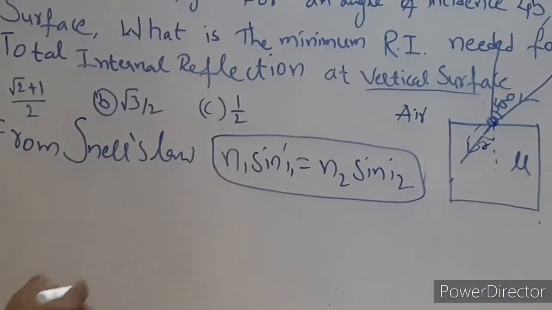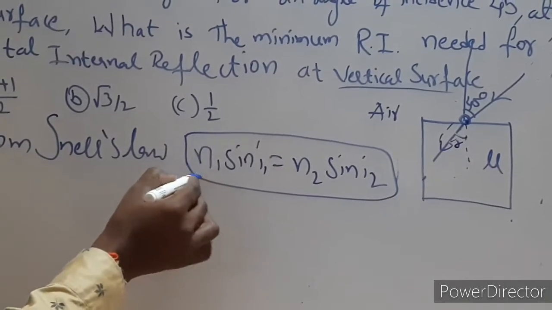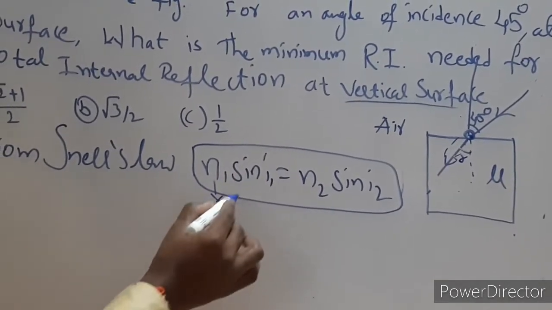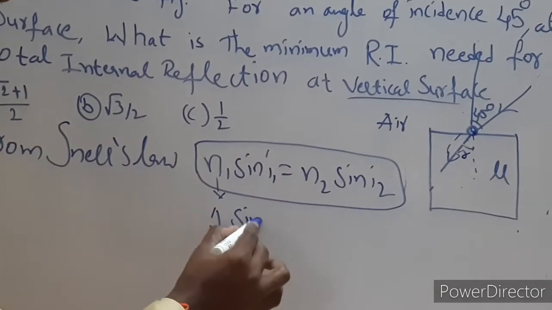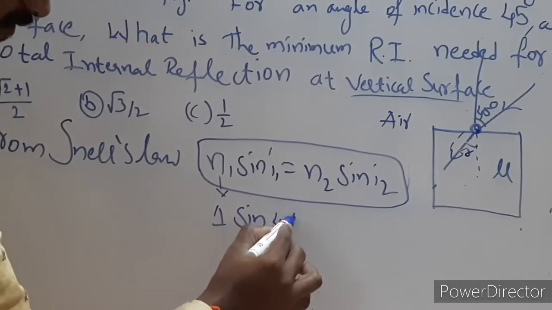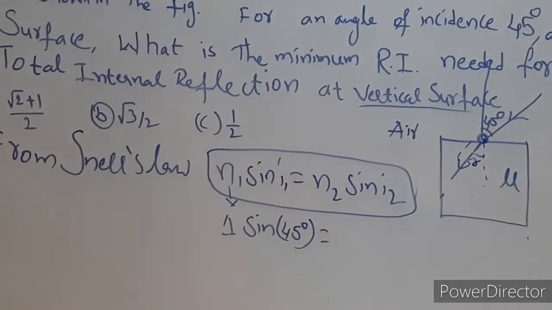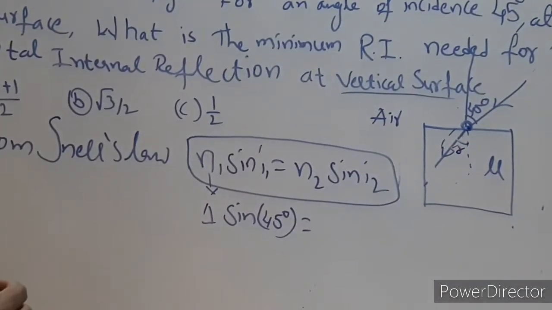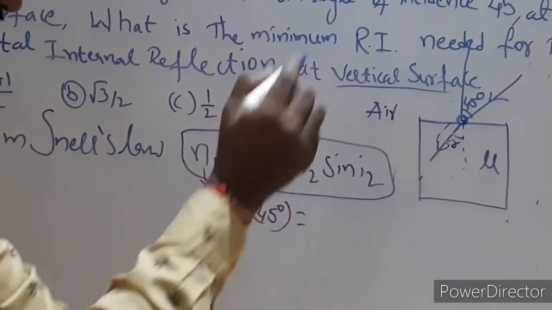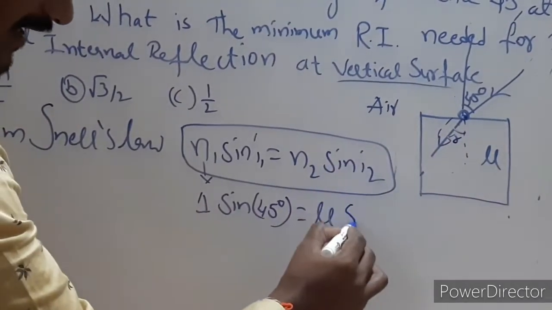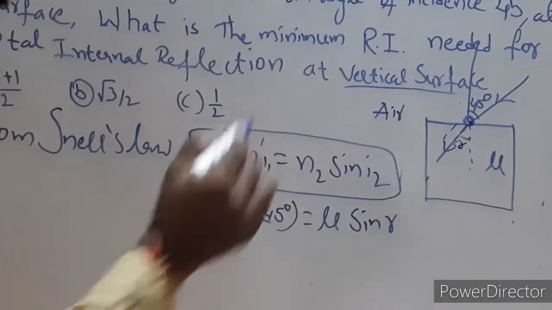So N1 equal to 1, sine I1, the incident angle as given in the figure is 45 degrees, and N2 is nothing but the mu which we don't know, sine I2 means the refracted angle, sine R.